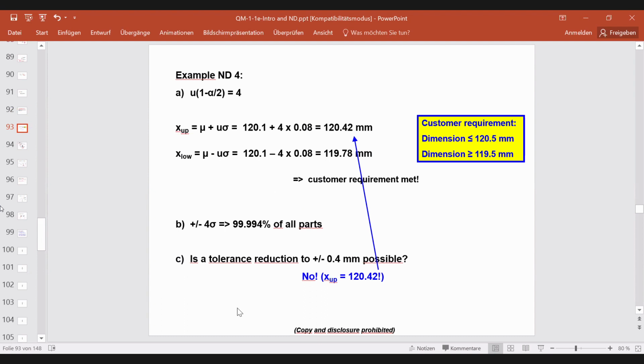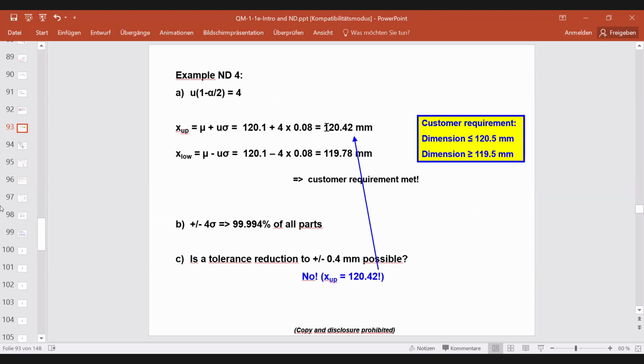Is a tolerance reduction to plus minus 0.4 possible? Well, if you see this here, this is bigger than 120.5 minus 0.1, so 120.4.